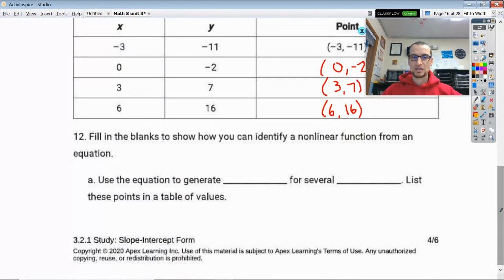So fill in the blanks to show how you can identify a nonlinear function from an equation. So not a line, remember? So you need to generate some y values for several x values.